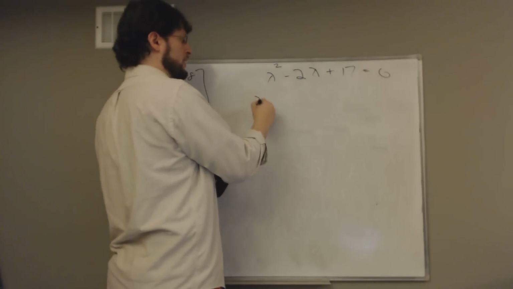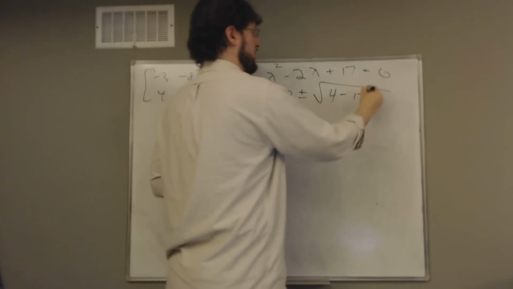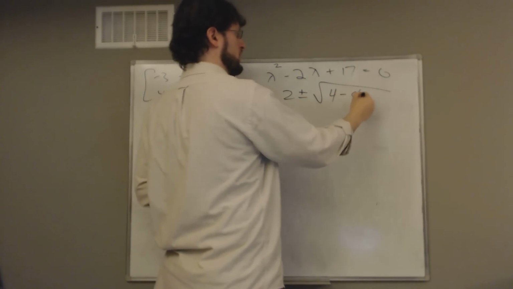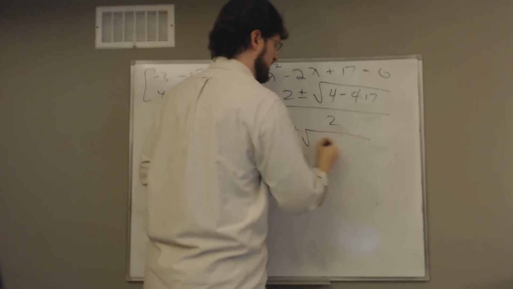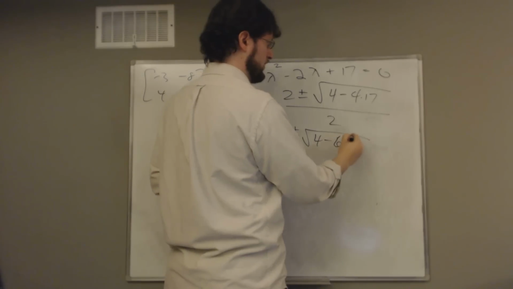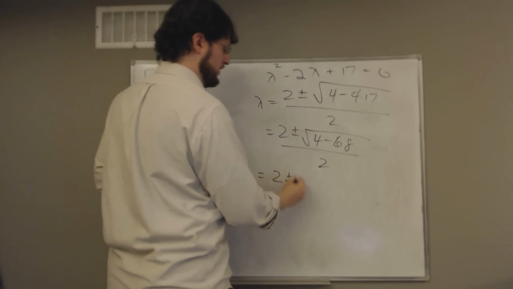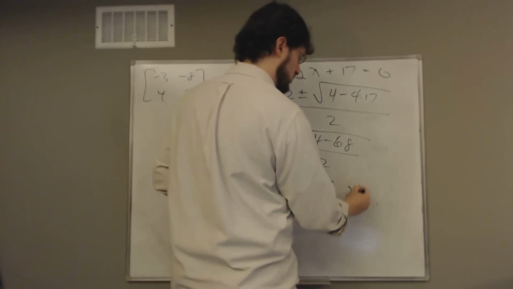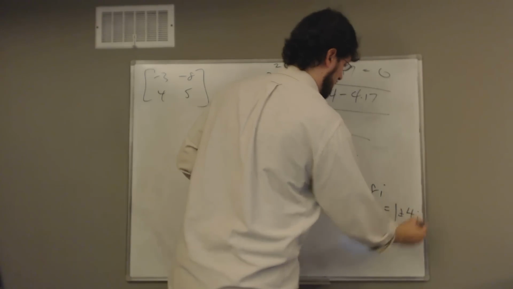We see that lambda is negative b, plus or minus the square root of b squared minus 4 times 17, all divided by 2, which is 2 plus or minus the square root of 4 minus 68, all divided by 2, which is 2 plus or minus the square root of -64 over 2, which is 2 plus or minus 8i over 2, which is 1 plus or minus 4i.